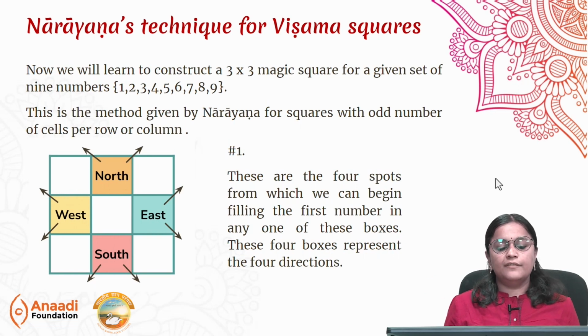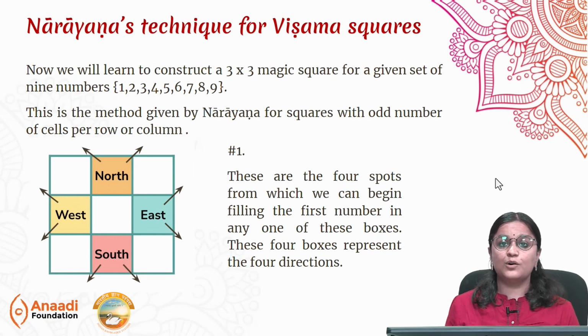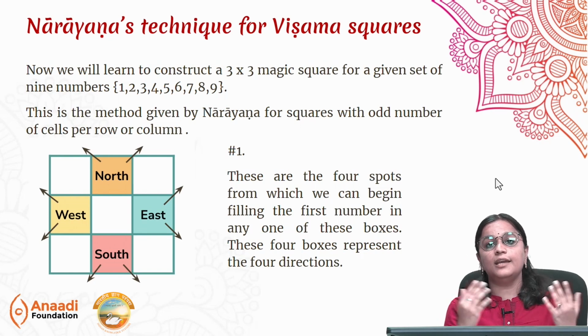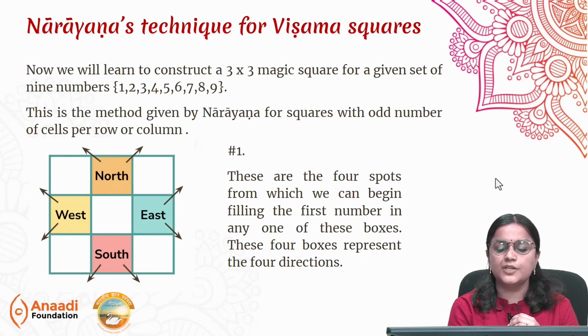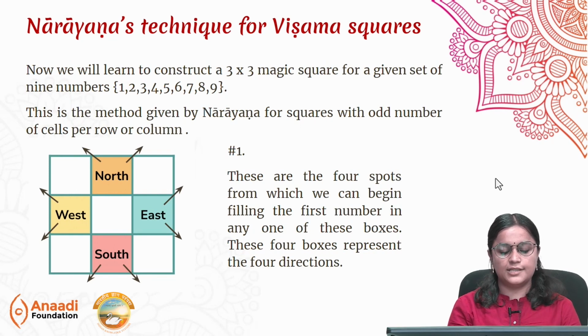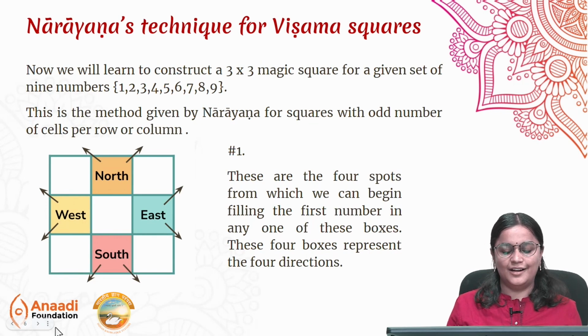This is the method given by Narayana for squares with odd number of cells per row or column. So, let us go step by step and figure out using Narayana Pandita's technique how we can construct this Vishama square. These are the 4 spots from which we can begin filling the first number in any one of those boxes. Now, as you can see on the screen, this is very important to visually understand how we begin the placement of numbers.